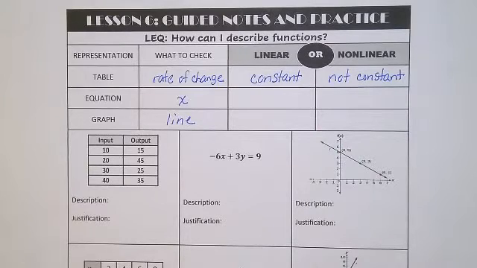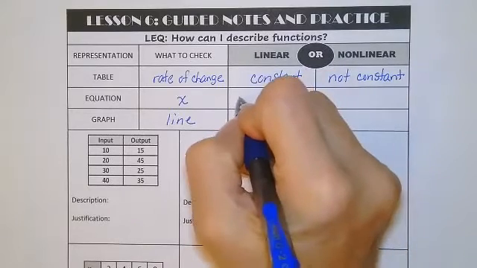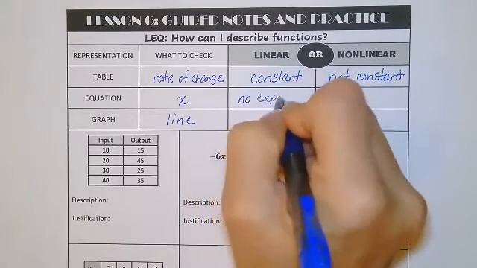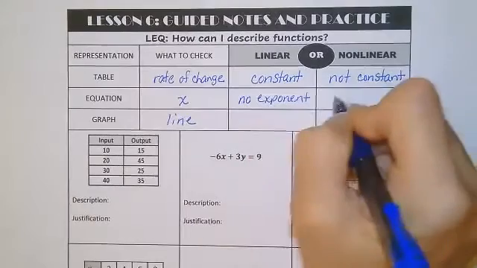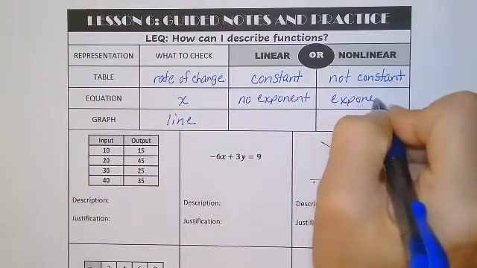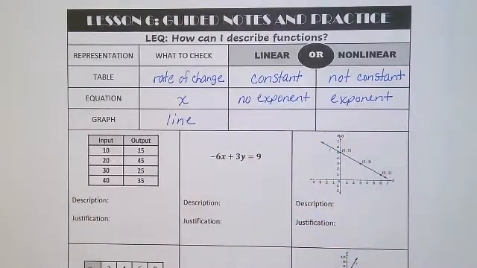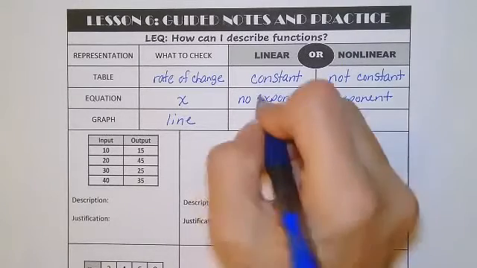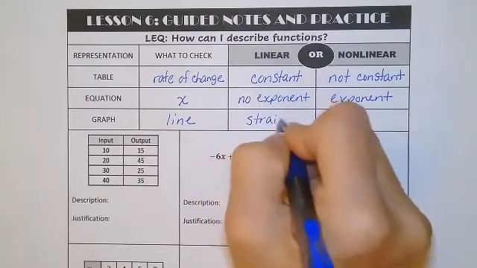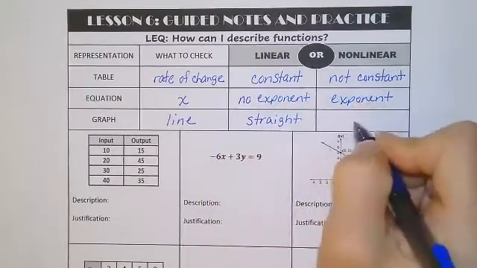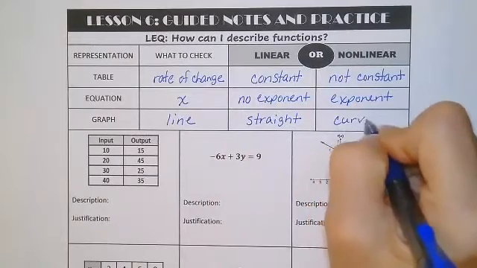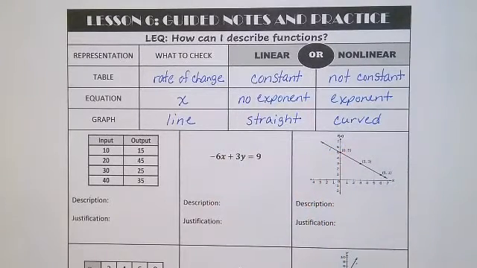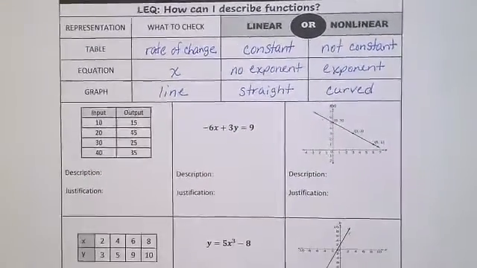If there was no exponent, then it was linear. And the line, if it was a linear function, then the line was straight. If it was nonlinear, it was curved or not straight. So we're going to use these notes to complete the problems.